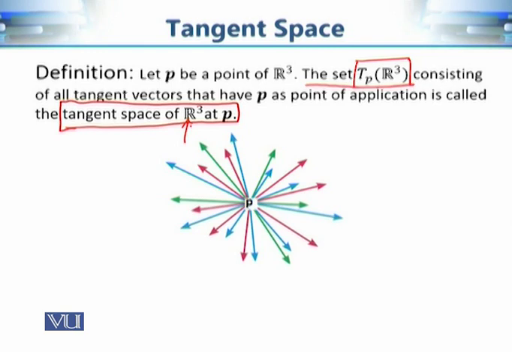In that case the answer would be different. But in this case we are only talking about the tangent space at point P of R3. So this is the main structure in which we are working.